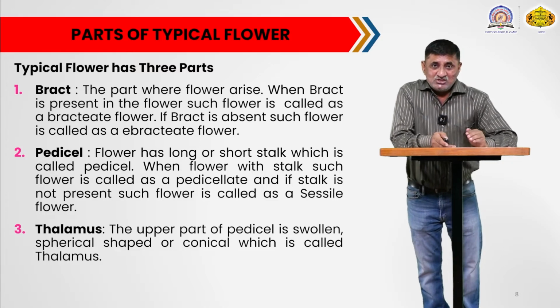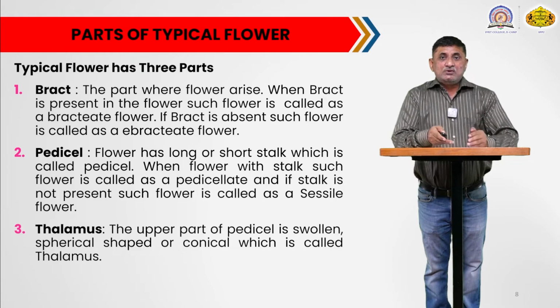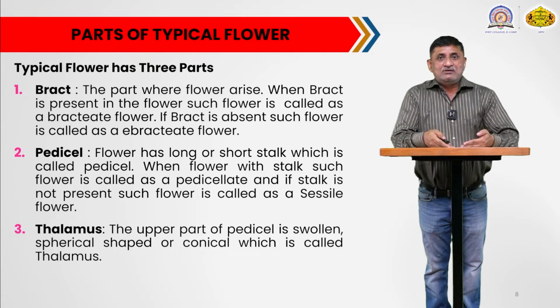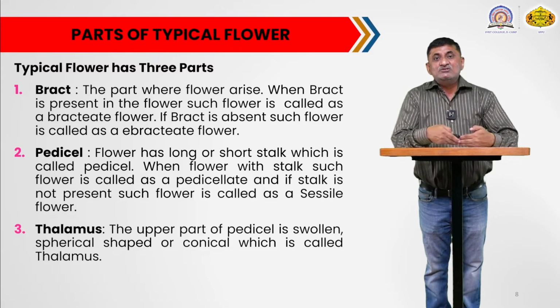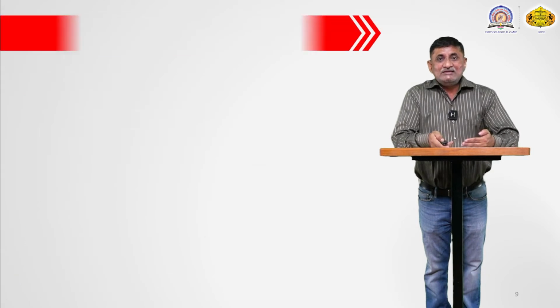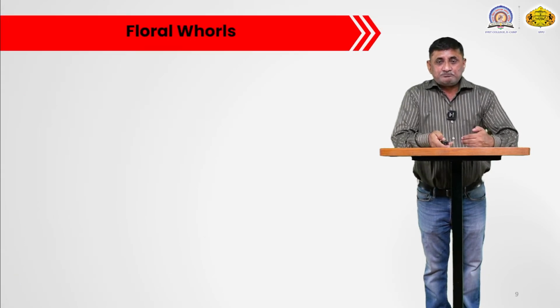This thalamus is a surface for resting the other floral parts. The different parts of a flower rest on the thalamus, or emerge from its surface. So these are the three typical parts of a flower.